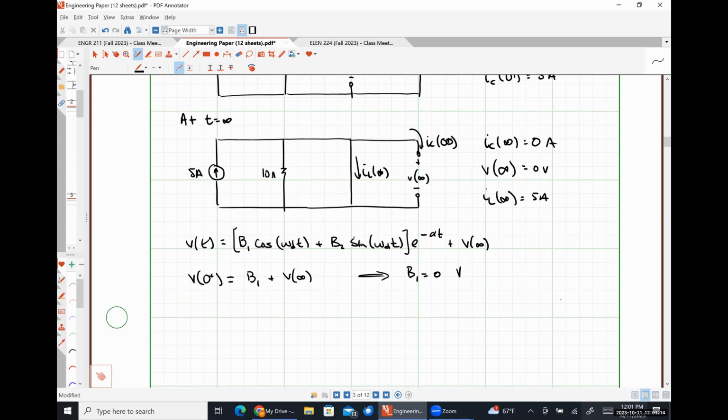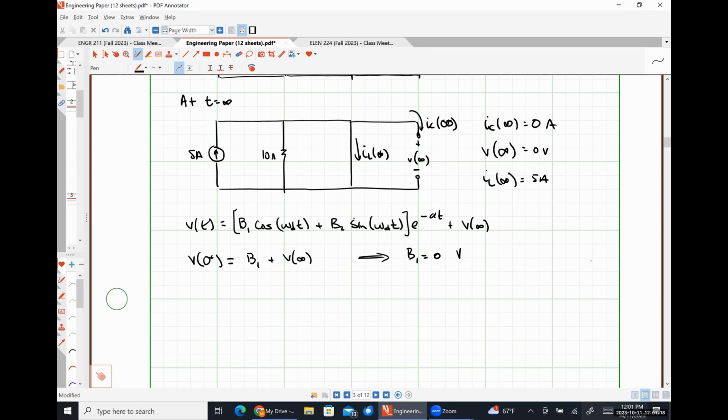Then we have our capacitor current relationship. So we would have IC is equal to C dV by dt. Oh geez, I have to remember this off the top of my head.